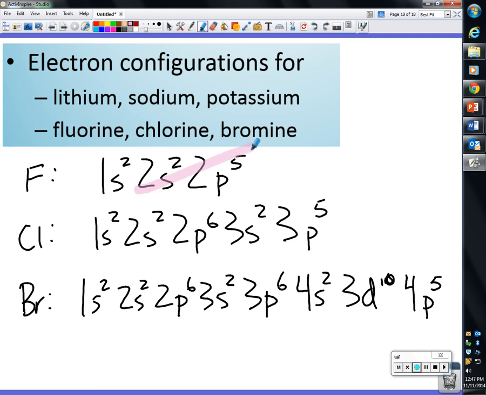If we look at their electron configurations, again, what do we see? 2s2 2p5, right? Another thing, they are all in the same family, yes. So similar to the first page.